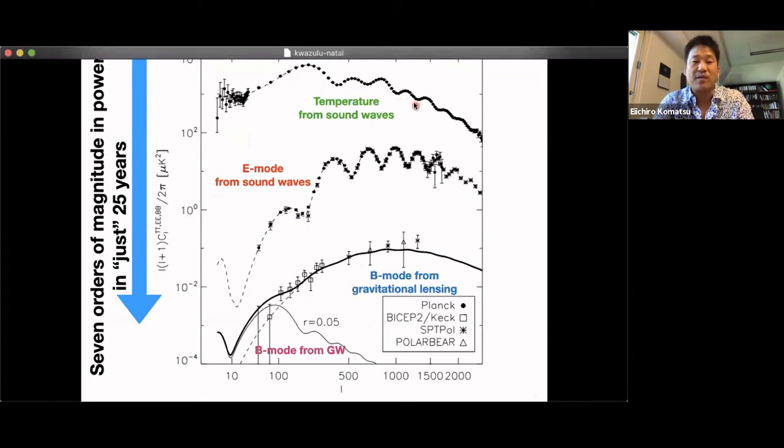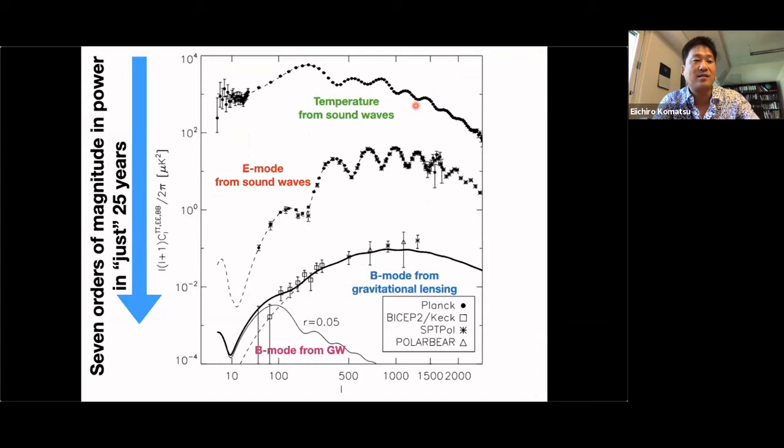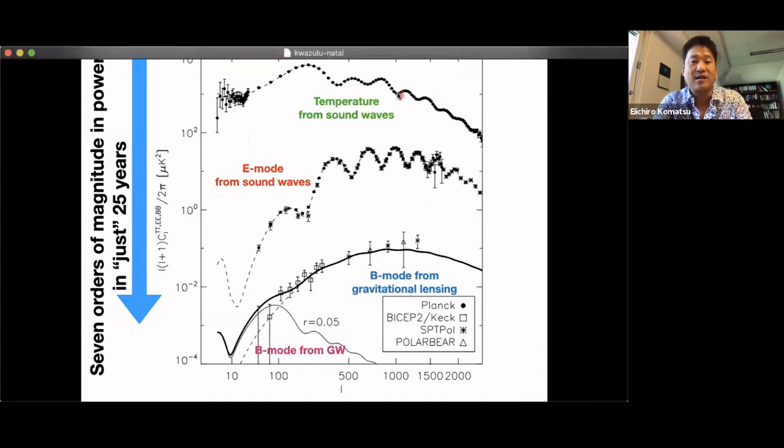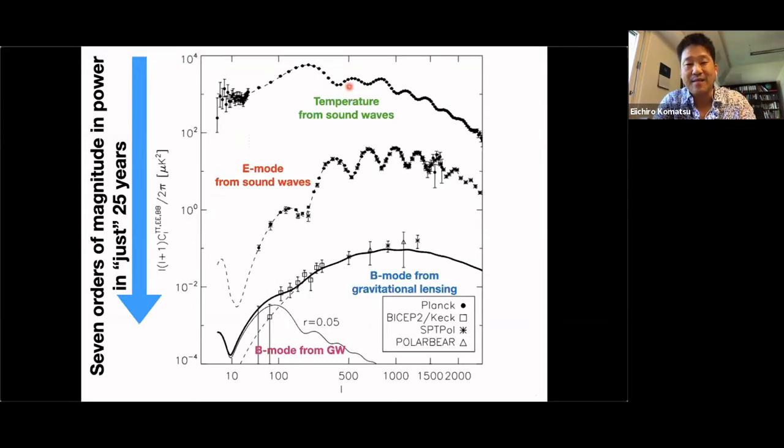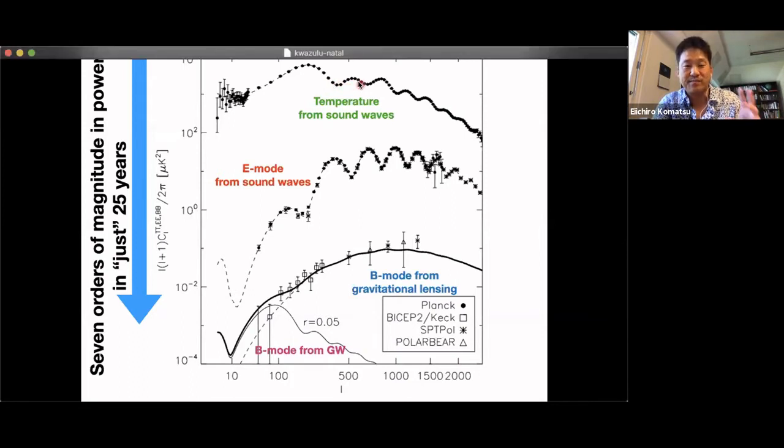Jim Peebles, for example, got a Nobel Prize for it, and simultaneously Sunyaev and Zeldovich predicted this, and they thought that this would never be observed, never. That's 1970. But then it was detected in 2000, so 30 years later. But then once people were convinced that it's such a beneficial thing to measure, they went 7 orders of magnitude in sensitivity, very rapidly, only within 25 years.